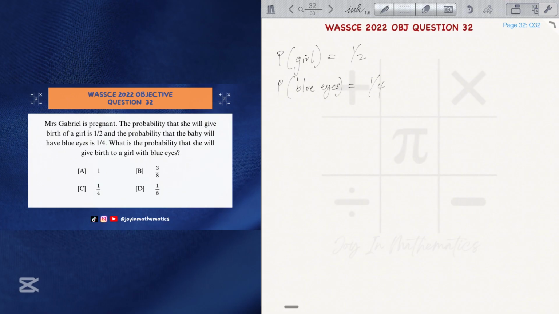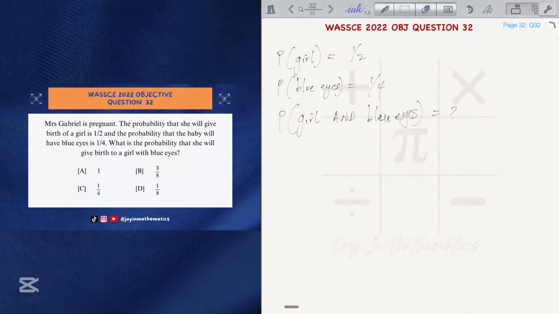Now the question is, what is the probability that she will give birth to a girl and the girl will have blue eyes? That's what we are looking for. Before we proceed, let's recall the formula to apply.